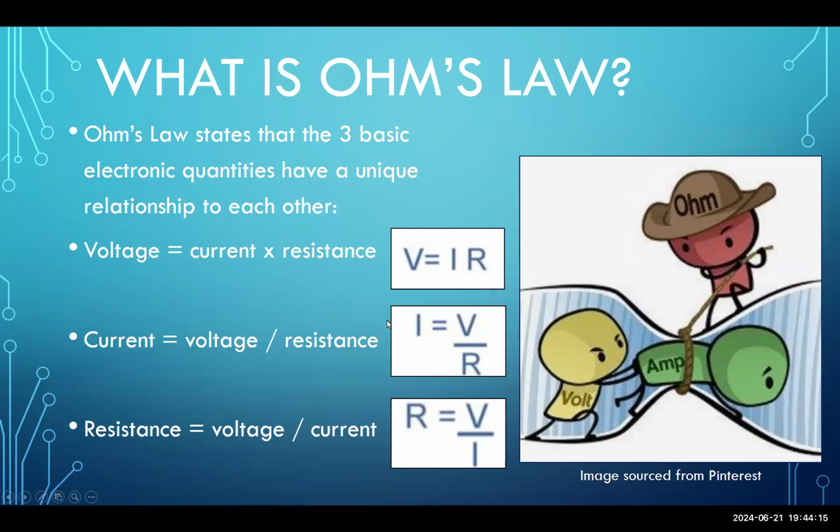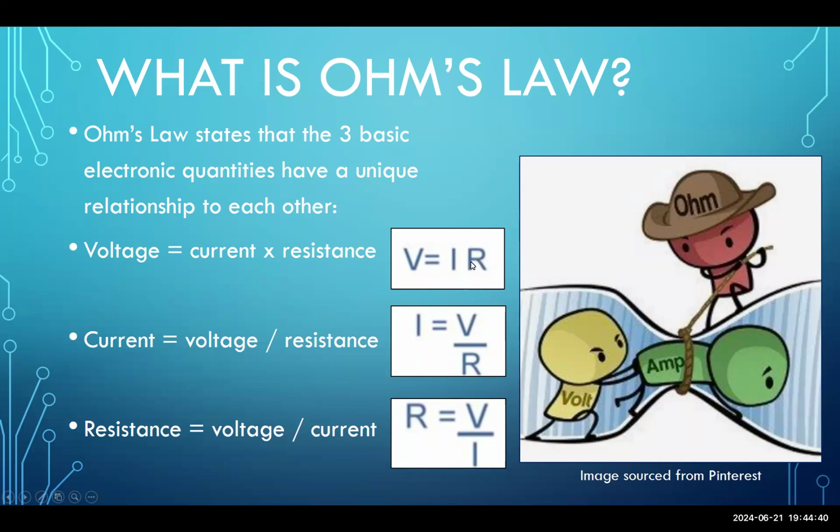So formula-wise, there's a unique relationship given by Ohm's law. Let me read this to you. Voltage, the first bullet point, is equal to current times resistance. You can see the formula written as V equals IR. Now, the little dot for multiplication is implied, and you won't necessarily see the dot or an X or an asterisk in here.